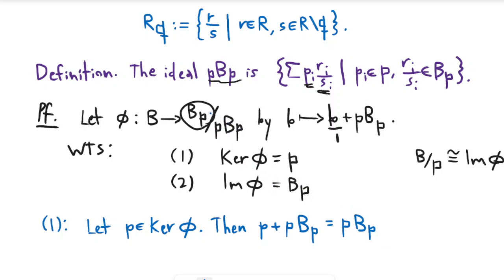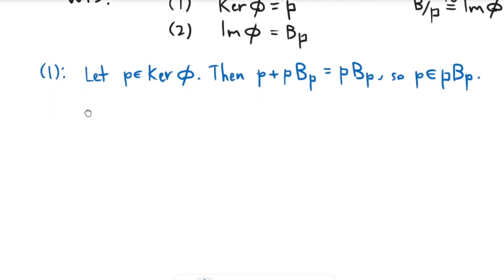Because if you're equal to 0 in a quotient ring, that's the same as saying that coset is equal to the ideal that you divided by. Okay, and then this is equivalent to saying that P is an element of pBP.